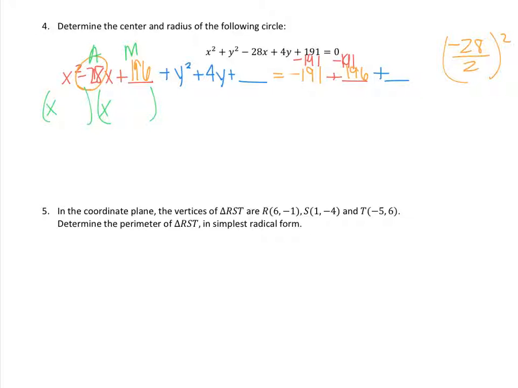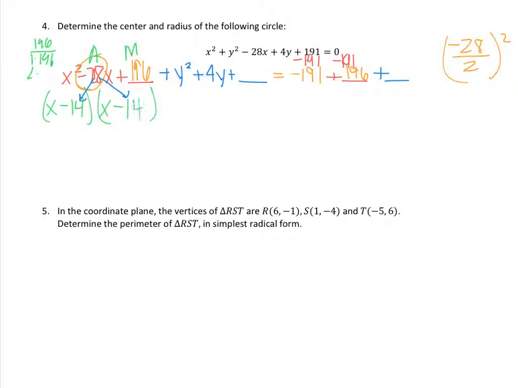Now it's going to take you a long time to list all of your factors of 196, so I have a trick for you. The last time when we did this, you may or may not have noticed, but all we have to do is take this b value and cut it in half and carry the sign. So negative 28 divided by 2 is negative 14.